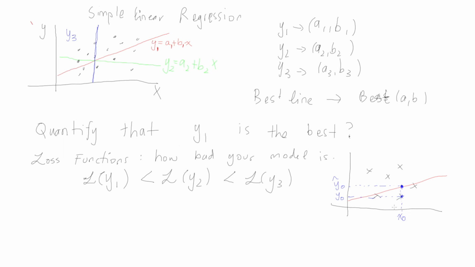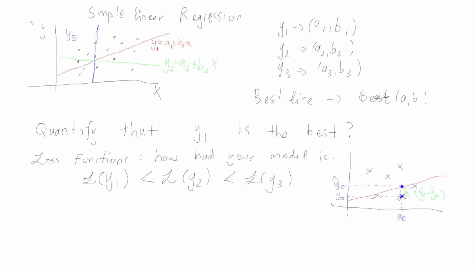So for this data point and this red line, the real value at x0 is y0, and the predicted value based on this model is y hat 0. A good way of measuring how well the model is doing is by looking at this distance here, which is y hat 0 minus y0.